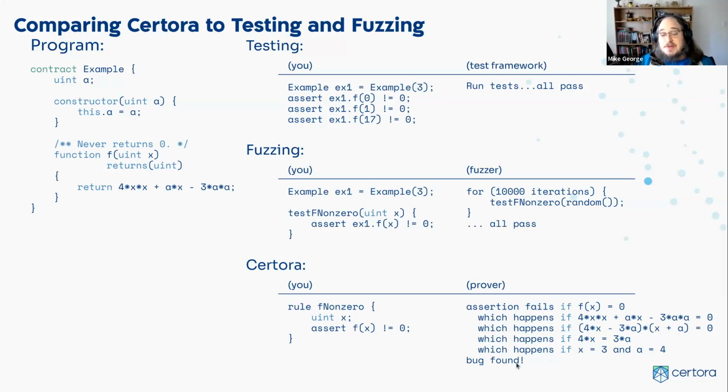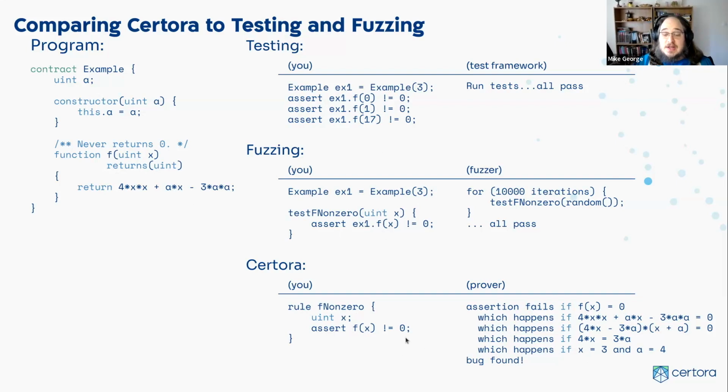And so Certora will be able to find this rare bug that these other techniques would not be able to find unless you got very lucky. And in fact, neither of these would ever find it, because it's impossible to solve this with a equals 3. But that's not the point. The point is, with testing or with fuzzing, you have to get very lucky to find a hard to find bug.